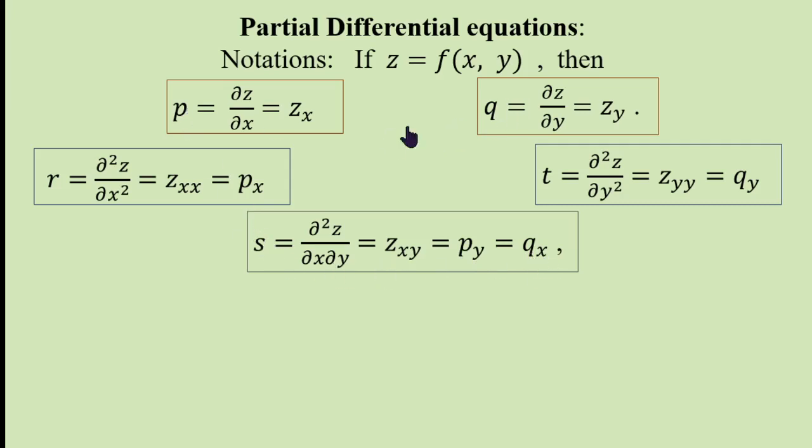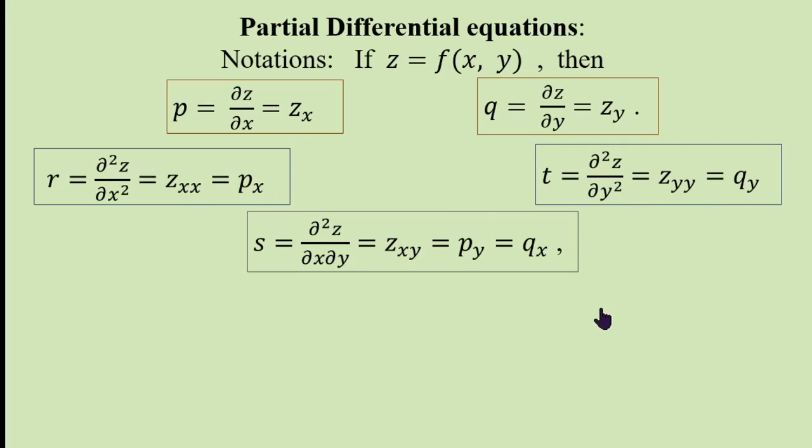Now P, Q, R, S, T. P is ∂z/∂x, Q is ∂z/∂y, R is ∂²z/∂x² or Px, S is ∂²z/∂x∂y or Py or Qx, and T is ∂²z/∂y², that is Qy. So P, Q, R, S, T. You can use these notations to solve the problems.